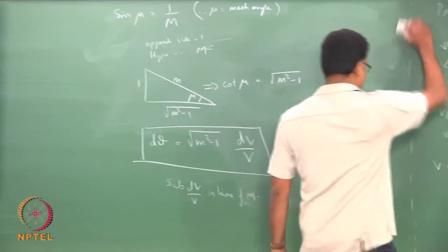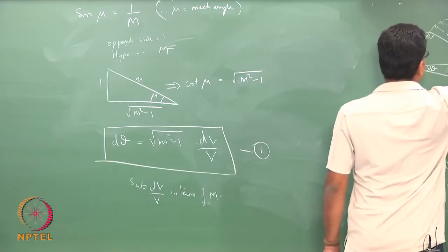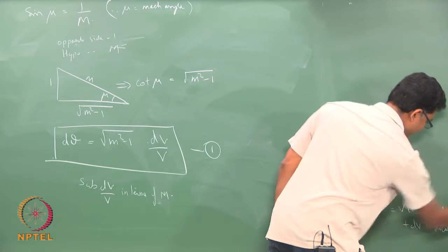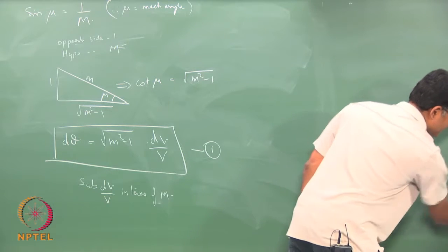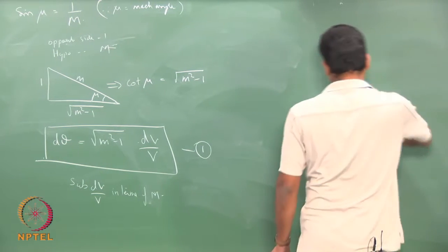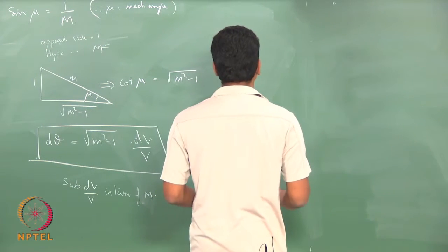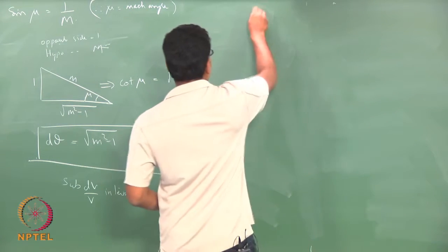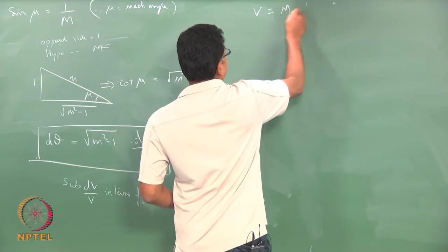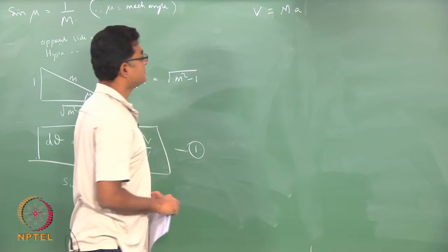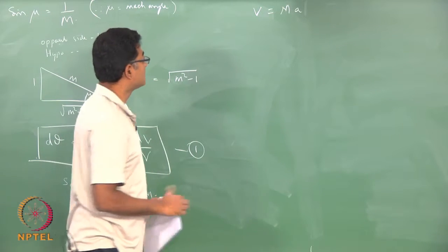So, I go back to the continuity equation, differentiate that, and get dv by v from that equation. We start from this particular relation where velocity is Mach number into the velocity of sound.